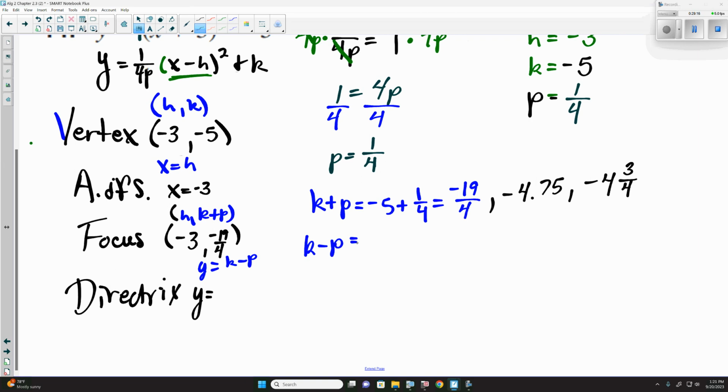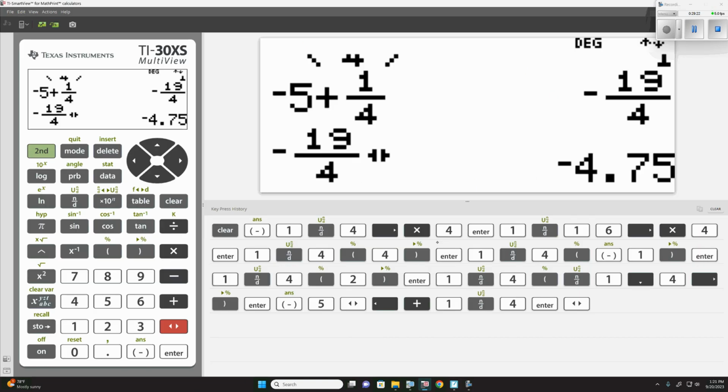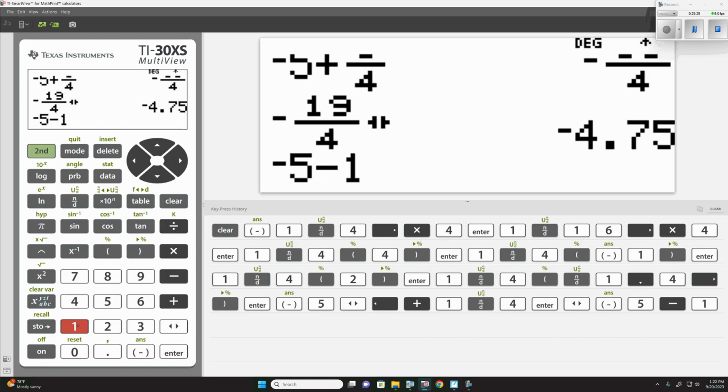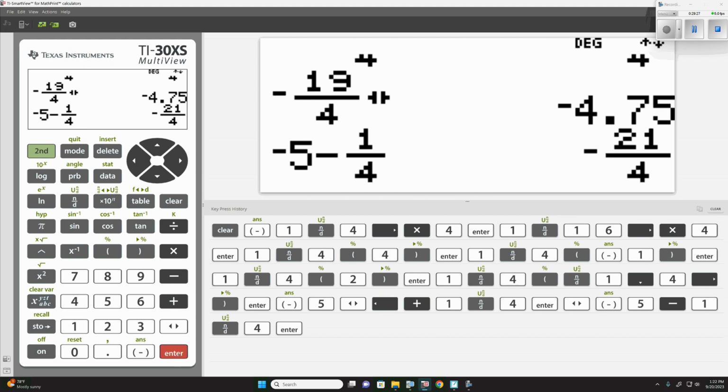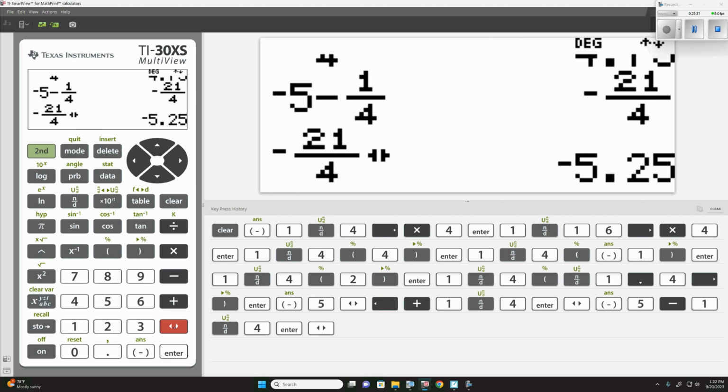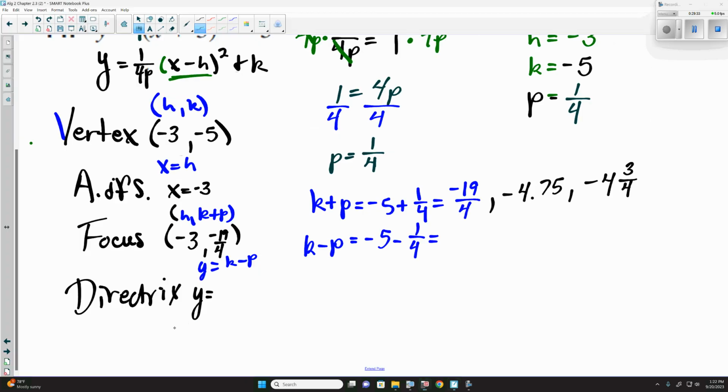All right, so our k minus p would be -5 minus 1/4, which is similar to what we had. -5 minus 1/4 gives us -21/4, or -5.25. Or as a mixed number, it's -5 and 1/4.